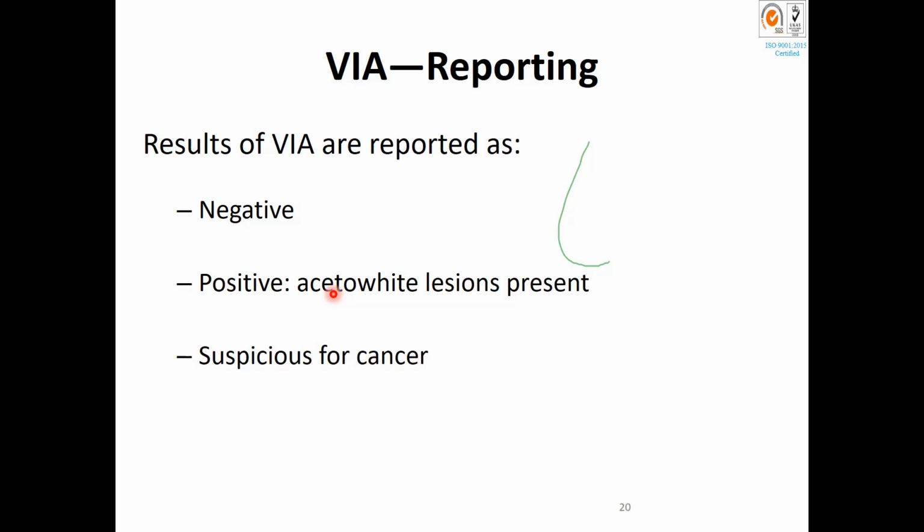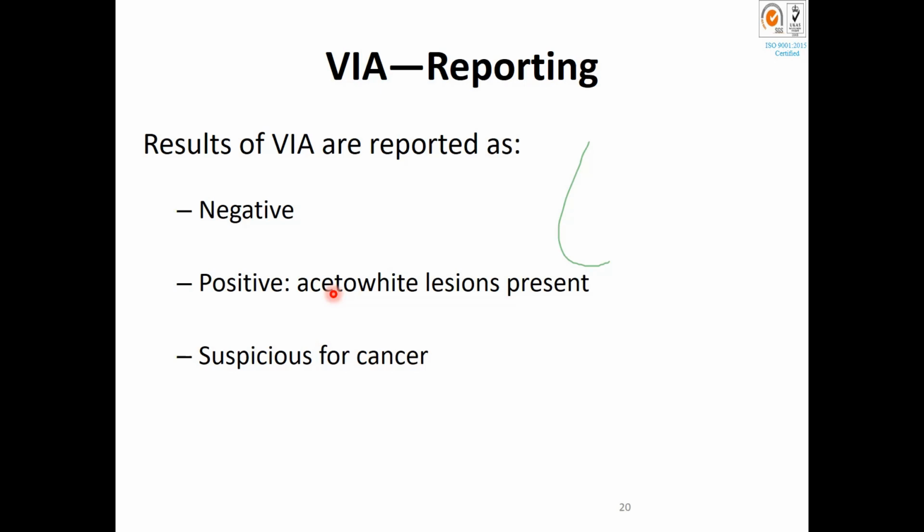Suspicious means you need to see an obvious lesion, not that you are seeing a cervix with an overexposed columnar epithelium, and you feel like, because it is more red, I need to write suspicious. No, that is not a suspicious cervix. If you have to write suspicious, it means you've seen an obvious lesion that when you touch, it can bleed easily, and it is fragile.